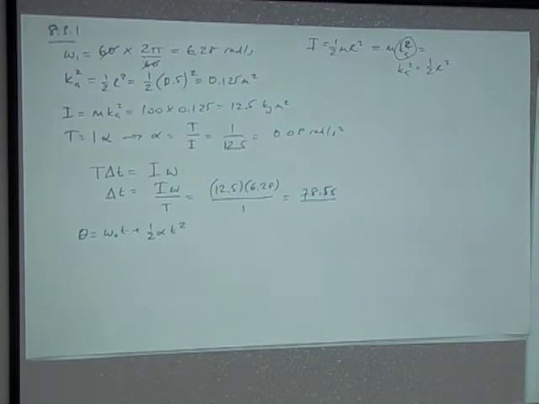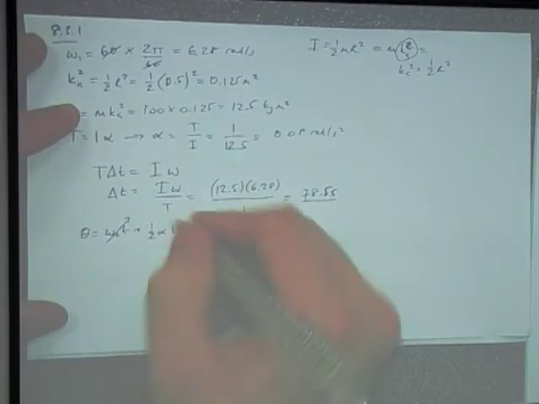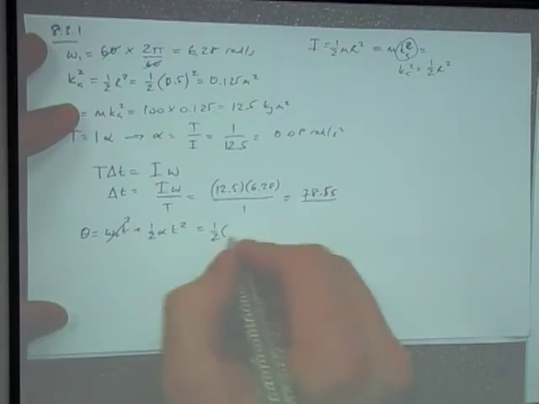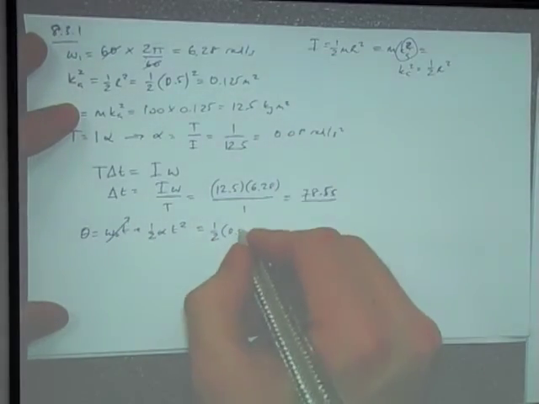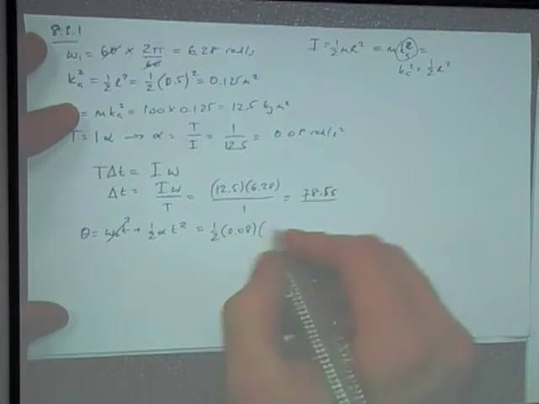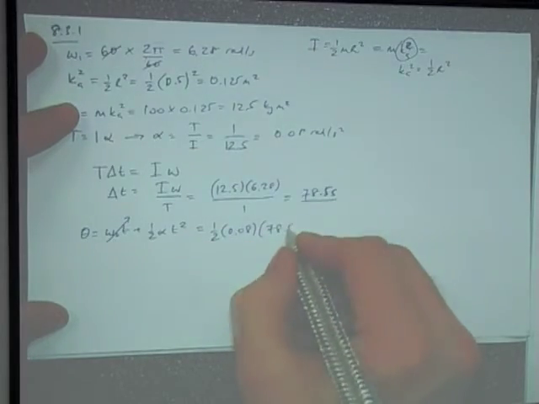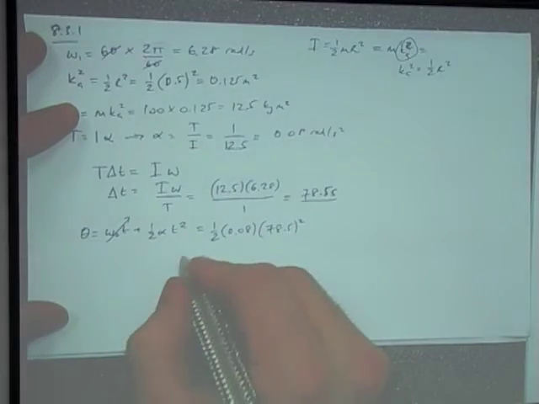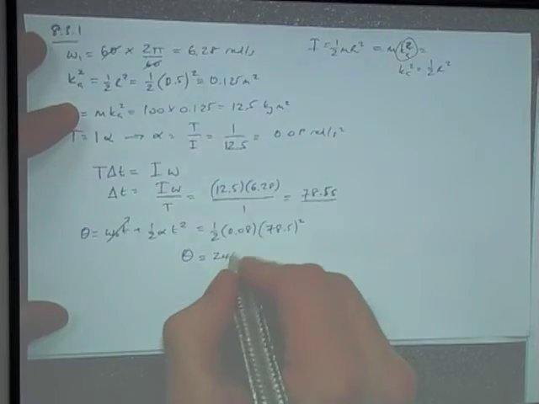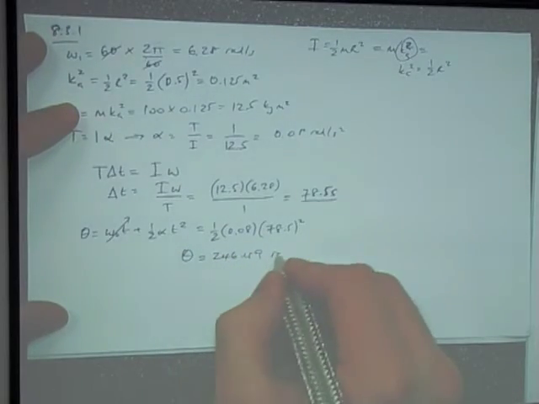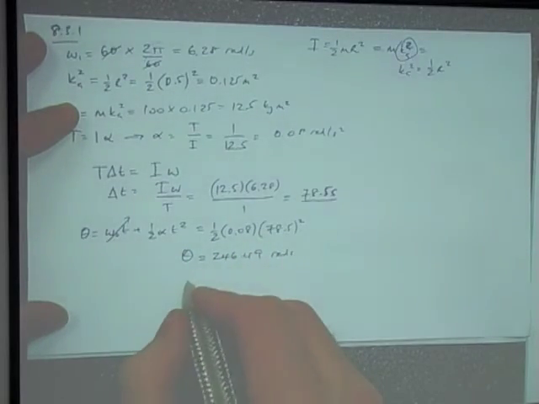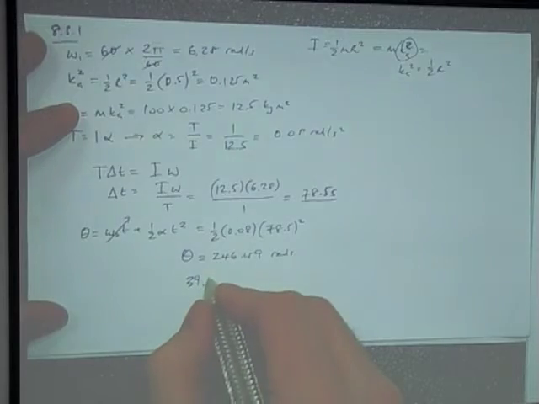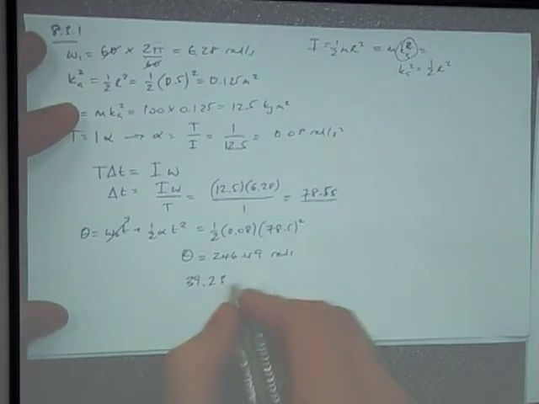Now what's the initial velocity? 0. It accelerates from rest, so that drops out. And so we have 1/2 times alpha, which we calculated up here, 0.08, times t squared, 78.5 squared. And so theta comes out to be 246.49 radians. And to get that in revolutions, you divide by 2 pi and you get 39.23 turns.